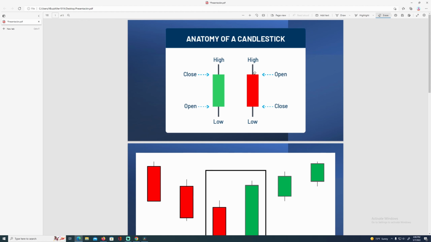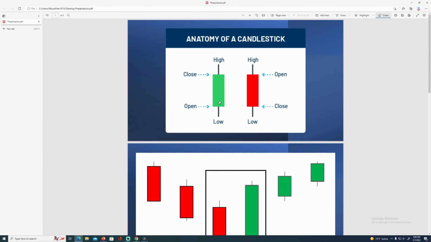Then the same thing happened over here. At some point price kept going up, but then sellers came into the market and pushed it all the way down, and by 2 o'clock the market was over here, and that's where this candle was fully printed. Now we have this other candle, a bearish candle, and it's bearish because it opened up here and closed down here.